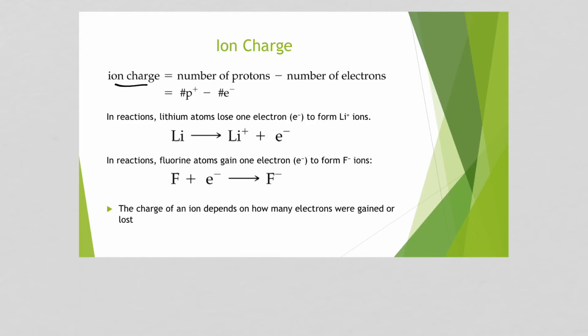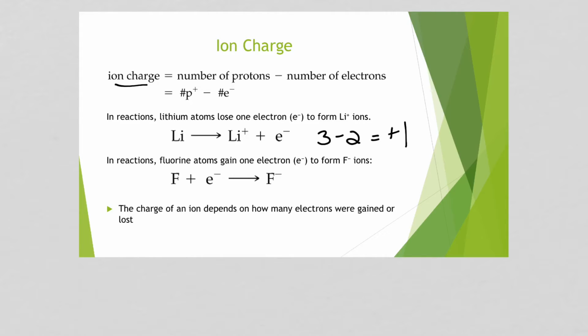So if I take a lithium ion, and lithium has 3 protons, and it loses one of the electrons, it takes on a positive 1 charge. So it would be 3, the number of protons, minus the number of electrons now equals positive 1.